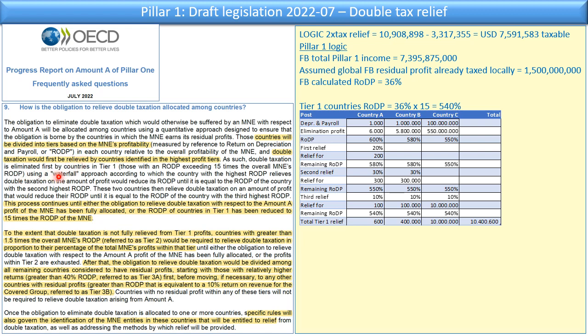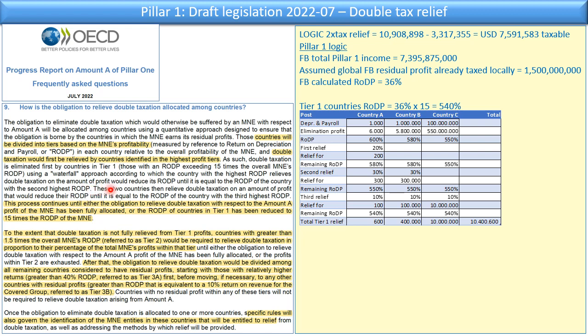So let's plug in some numbers here, but let's first look at the text, because we need to use a waterfall approach, right? According to which the country with the highest RODP, which is a percentage, I believe, relieves double taxation on the amount of profit that would reduce its RODP until it is equal to the RODP of the country with the second highest RODP.